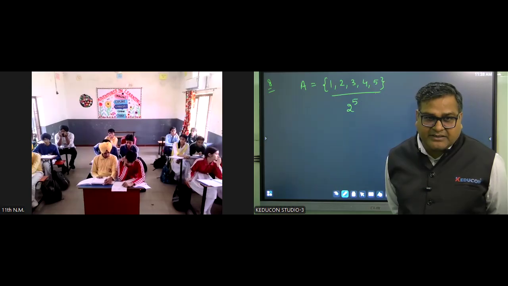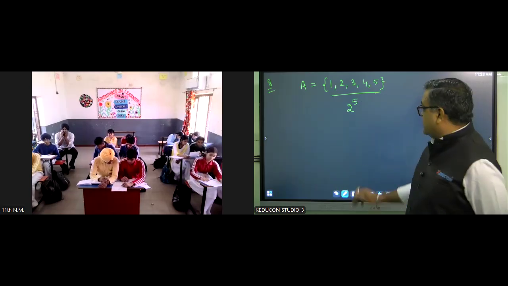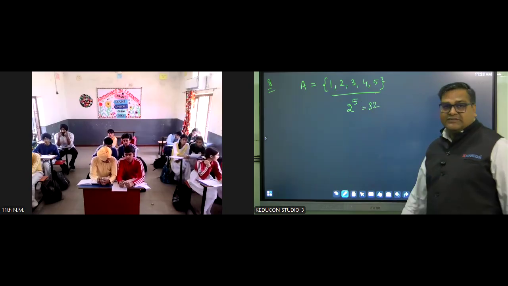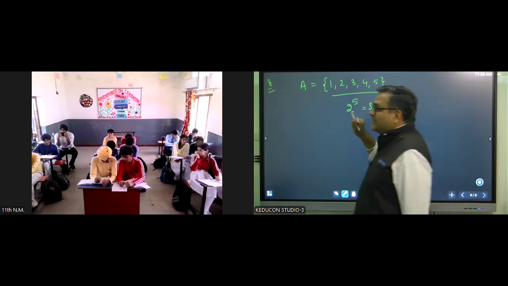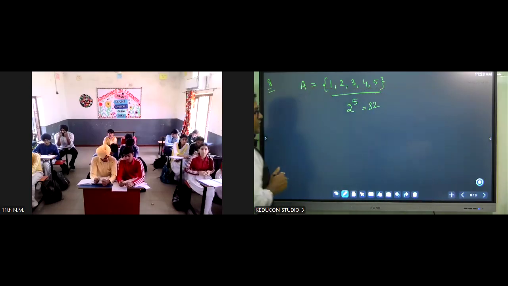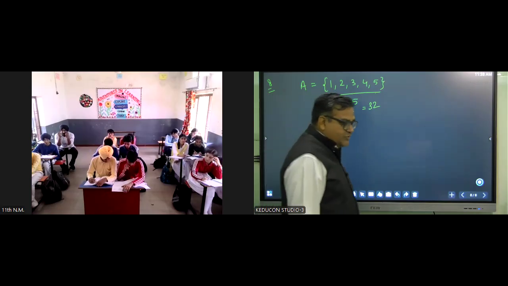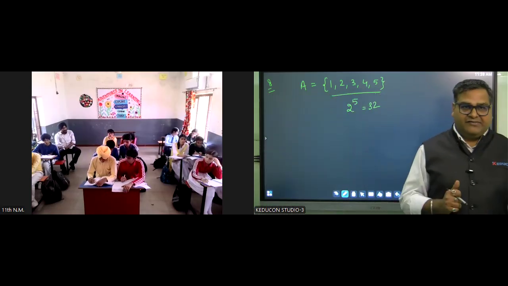Yes, tell me. अगर इसके टोटल सबसेट 32 बन रहे हैं, तो सबसेट which does not contain 4 and 5, इसमें 4 and 5 नहीं होगा, वो कितने हो जाएंगे जी? Those which will not contain 4 and 5.